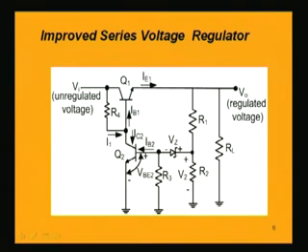Vz is the Zener voltage, and these resistances R1, R2 form the sampling circuit, which we mentioned in the block diagram. This is the reference voltage Vz. Now what is happening in this circuit? To explain that, let us name the currents flowing in the circuit.